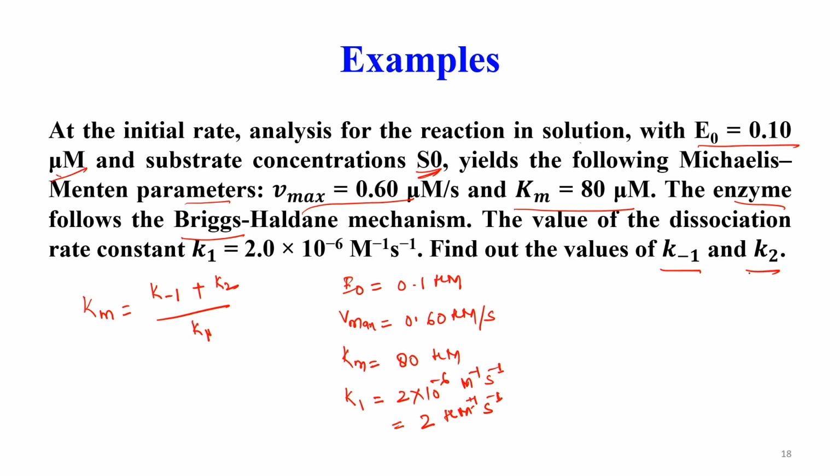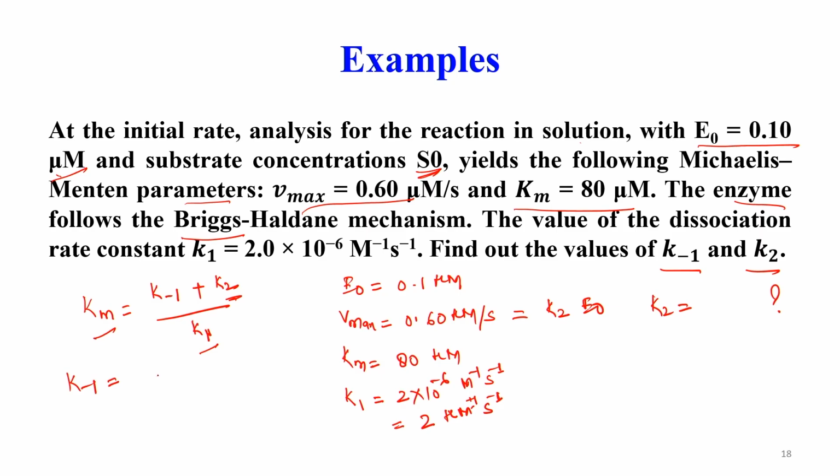To find the value of K2, it is very easy. Vmax is K2 into E naught, and E naught is given. So, this will directly give rise to the value of K2. Now, second, once you know the value of K2, Km is given to you, K1 is given to you, I can find the value of K minus 1.